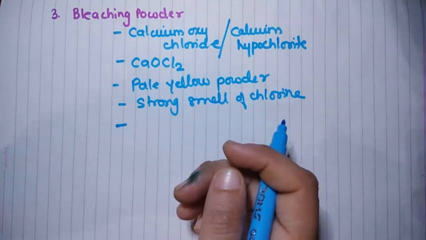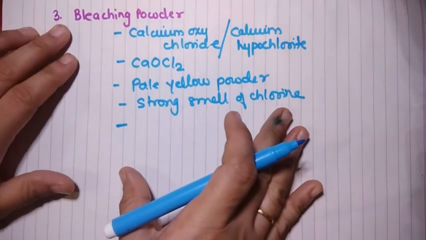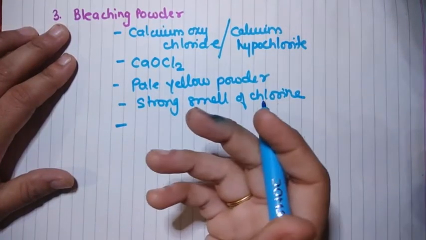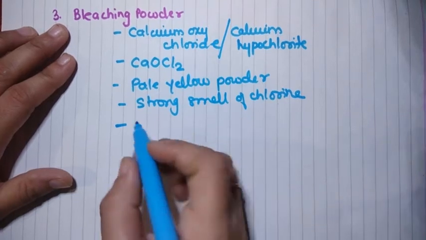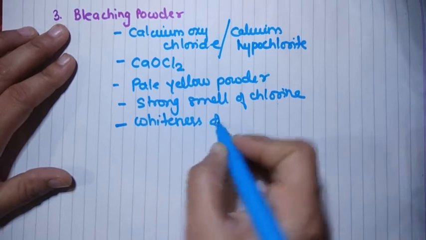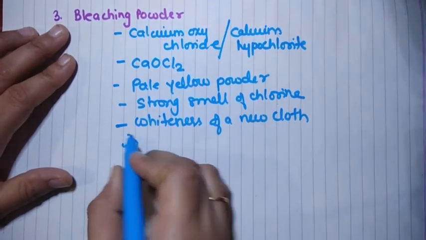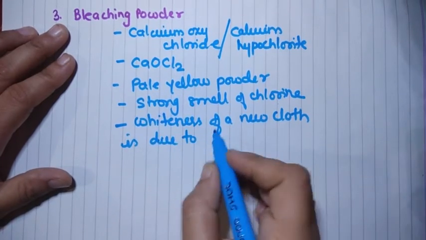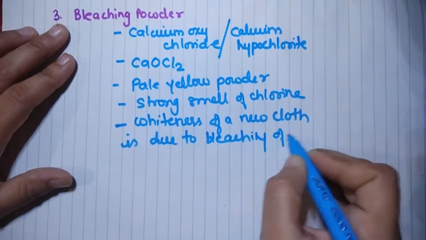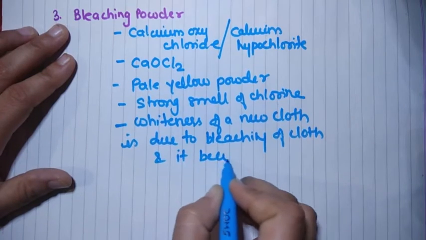Why is it white? Because they are bleached with this bleaching powder, and due to that the whiteness becomes more white. So you can say that the whiteness of a new cloth is due to bleaching of that cloth.